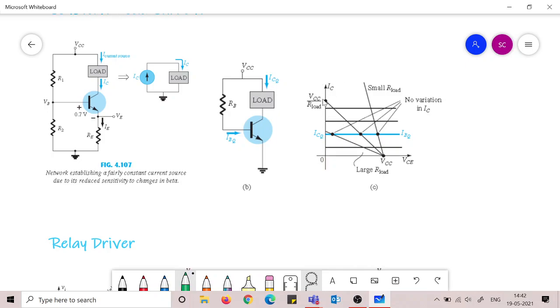The VCC point remains the same, the VCC by R load point changes, hence we get different load lines. So the load line intersection with this IC output characteristic curve is at different points, but on the same curve. So the Q point changes, but the load current remains the same.